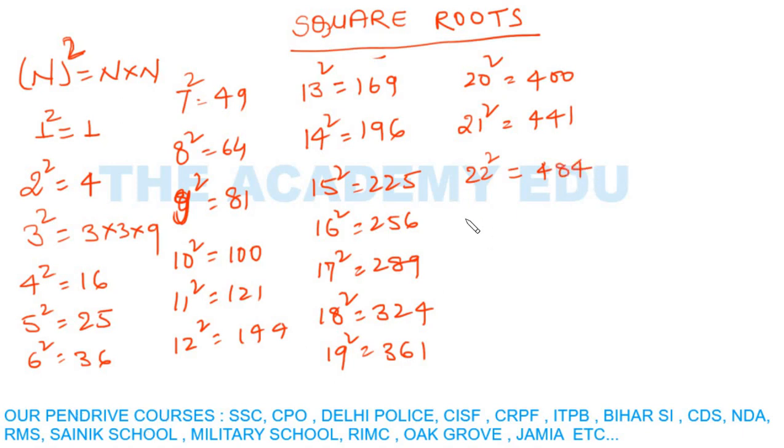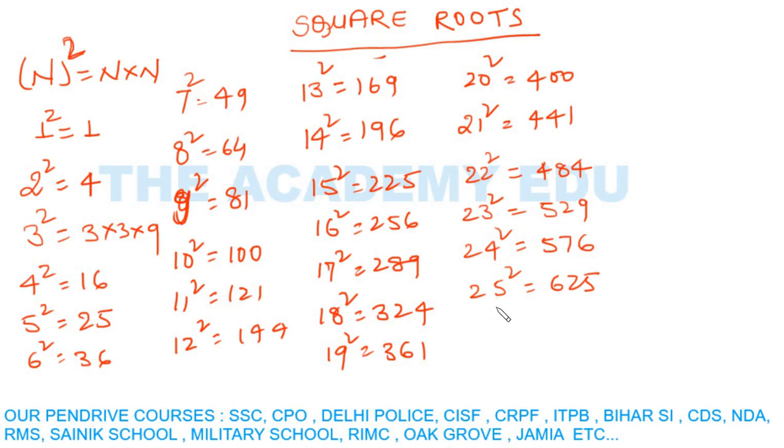The square of 23 is 529. The square of 24, 576. The square of 25, 625. So here we learned squares up to 25.